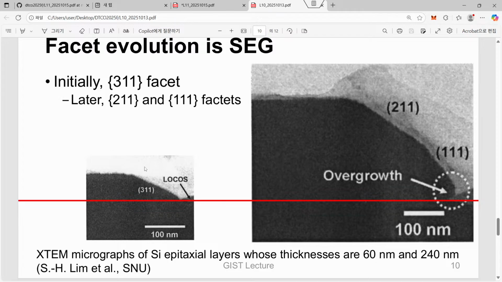After that, if we grow it further, then we can find a steeper surface here and a relatively lower one, but even this more moderate one is steeper than this initial phase, and of course this one corresponds to our wafer surface. So we will talk about why we have this kind of behavior.